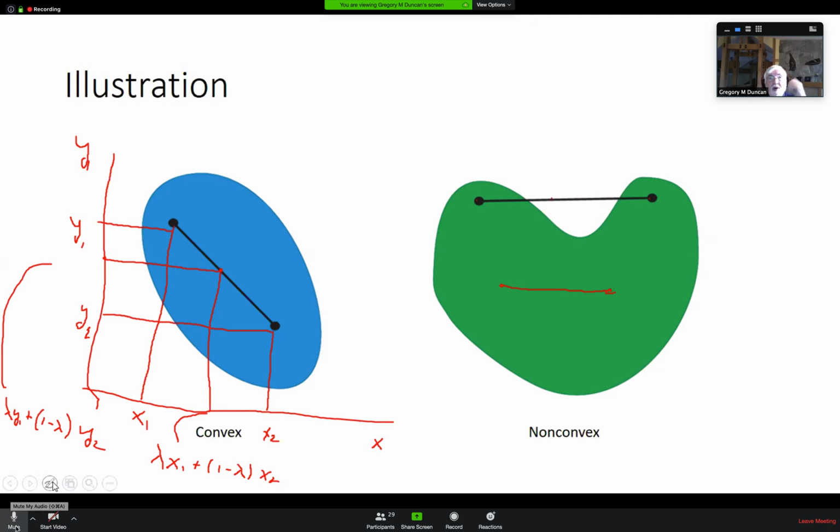So for example, a square is convex. You cannot pick any pair of vectors in a square and put a line between them and have that line go outside the square.